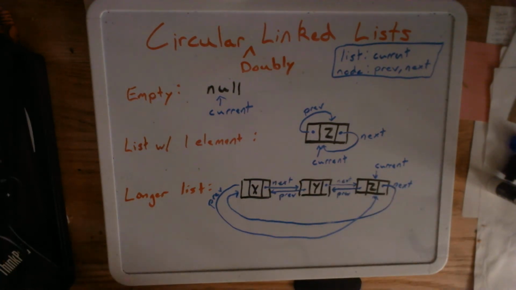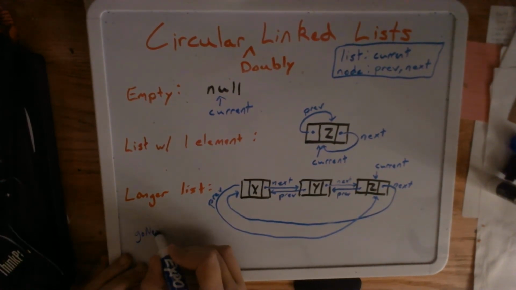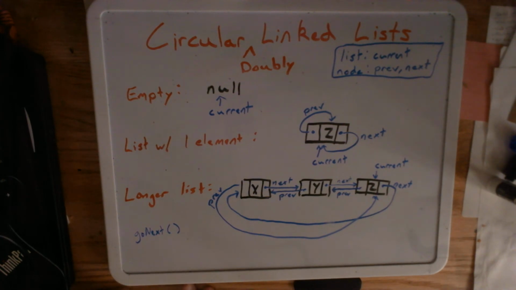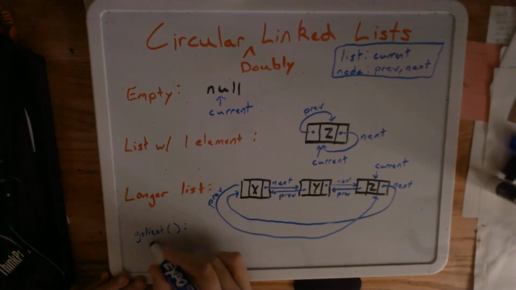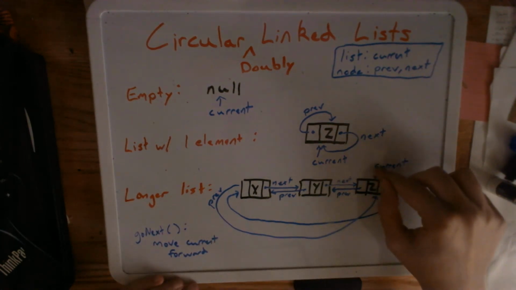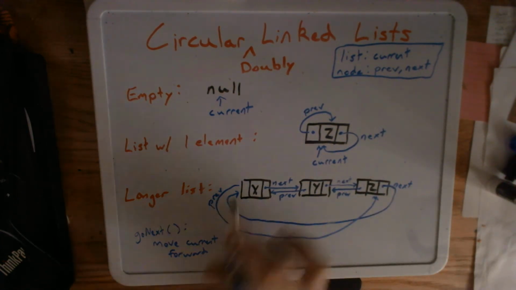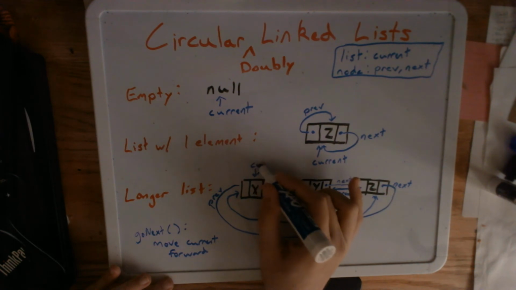So maybe we have a method called goNext. What would goNext do? It would move current forward. So if we were to use it, current would go from Z all the way around to X.